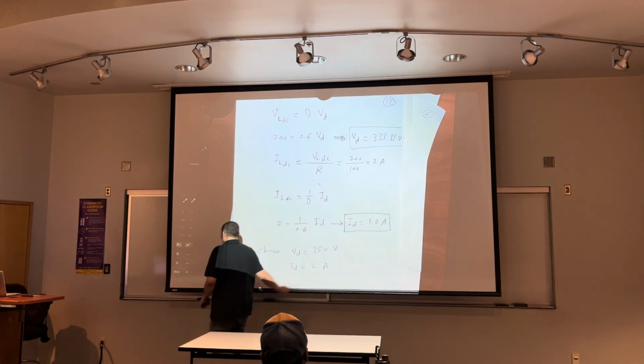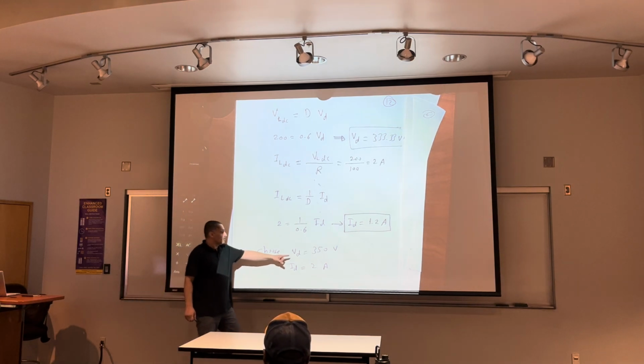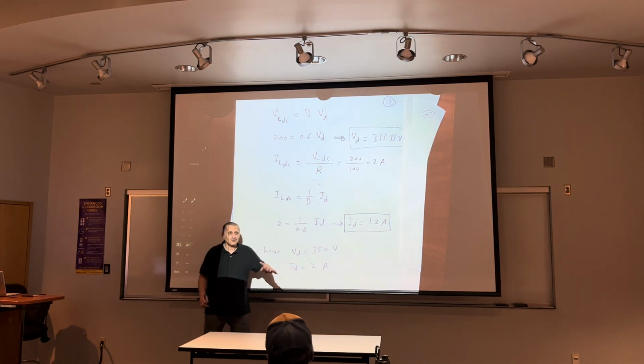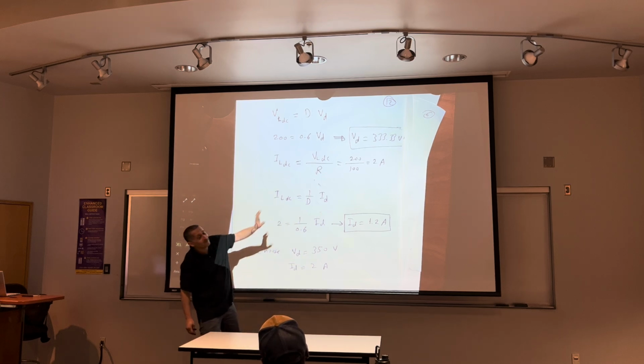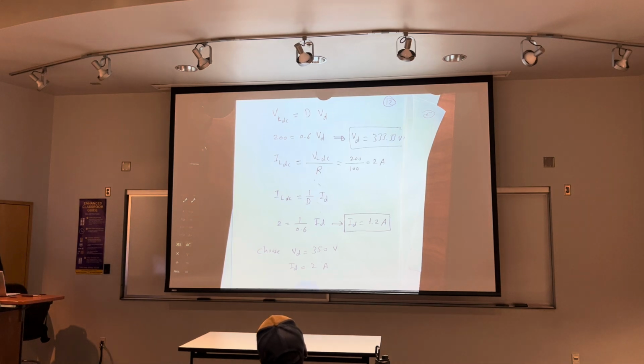Now we selected 350. You can select 340 or 360, but not 400, because it should be close to the calculated value. Now, 350 volt, 2 ampere.